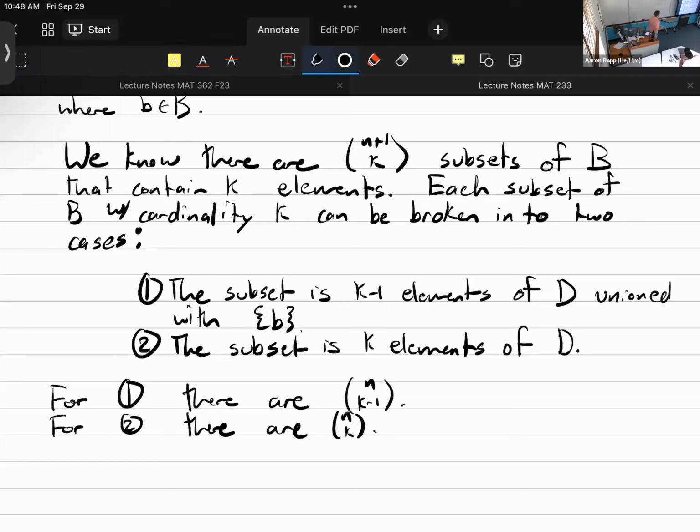And when I go back to these two instances, are they disjoint? Can they happen at the same time?